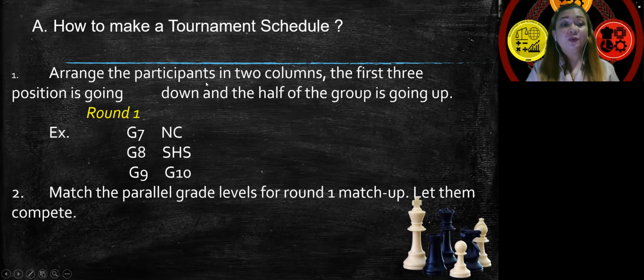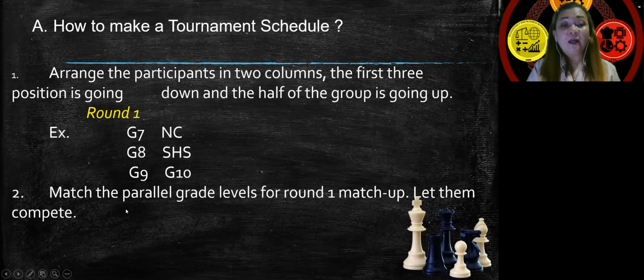The first half is going down and the other half of the group is going up. Let us check the example. Grade 7, grade 8, grade 9, going down, and then going up, grade 10, senior high, night class. That is the first procedure that you're going to do.